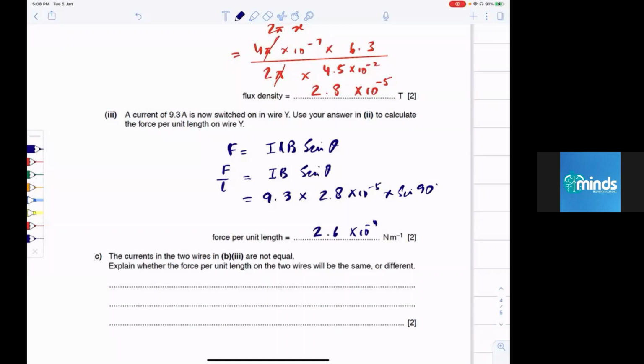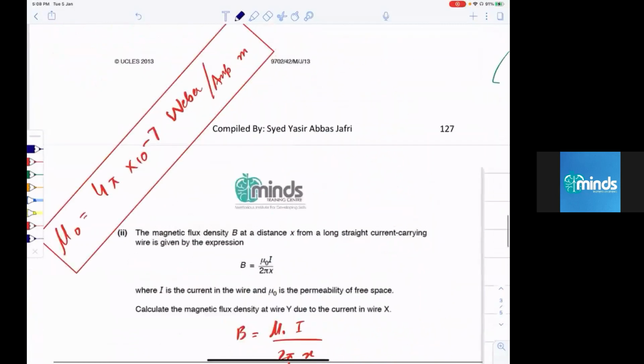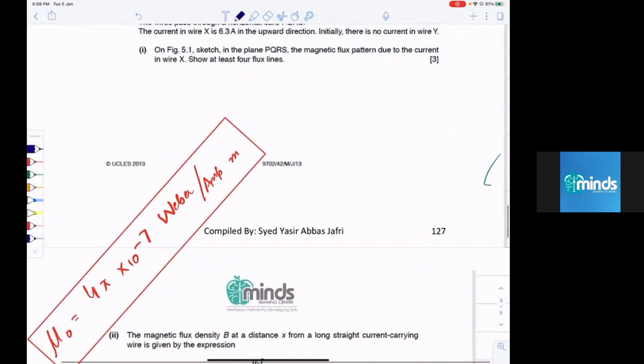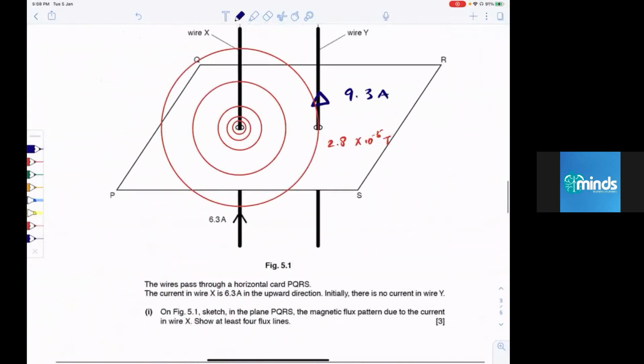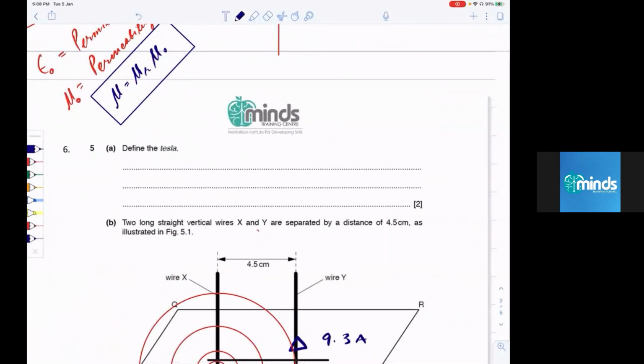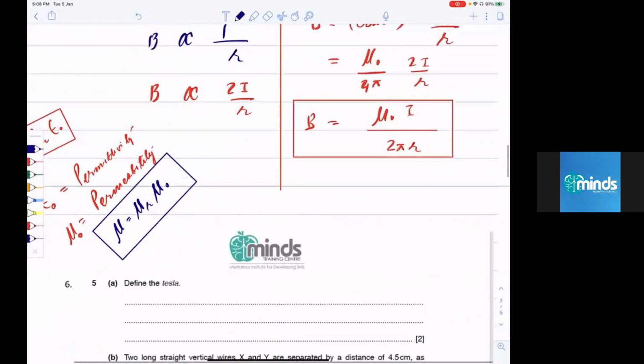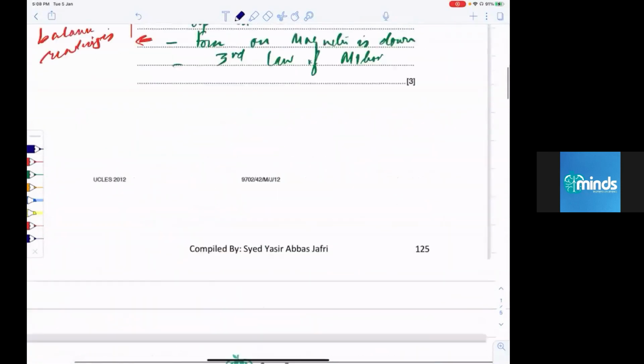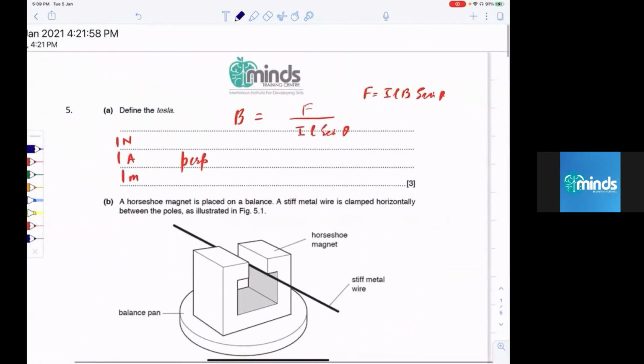Okay. So if all of you are getting it, we solved one question in the previous session, and we solved the first question today, and I did mention one thing. Whenever they say define Tesla, what I have seen across multiple marking schemes is that they want to see one Tesla in the context of the question. Previously, we kept using F equal ILB sin theta and we defined one Tesla.